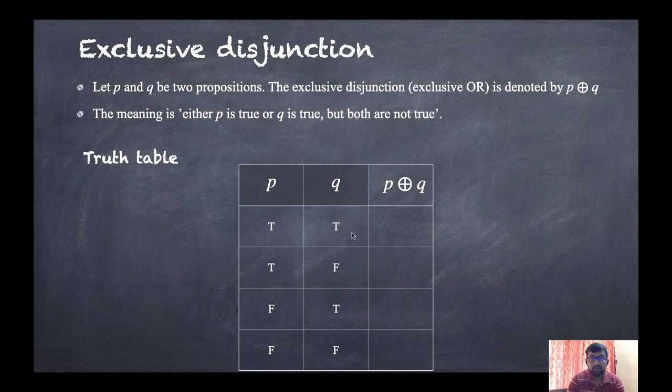Here, both are true, so this cannot be true. So P ring sum Q will be false. Here anyone is true, so it is true, and here both are false, so the statement is false.